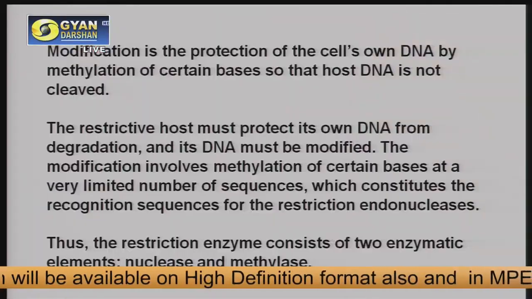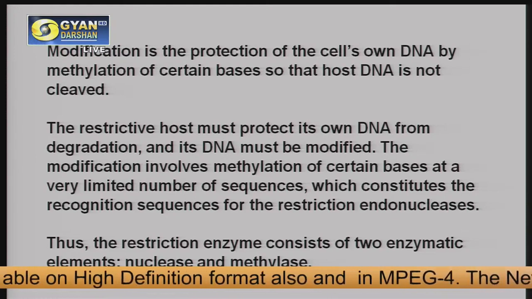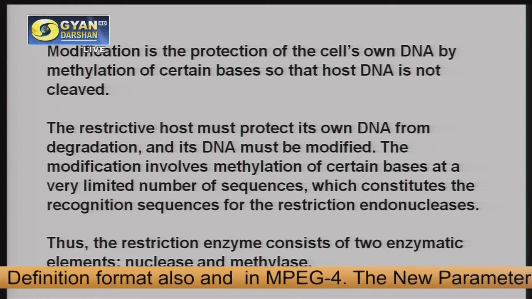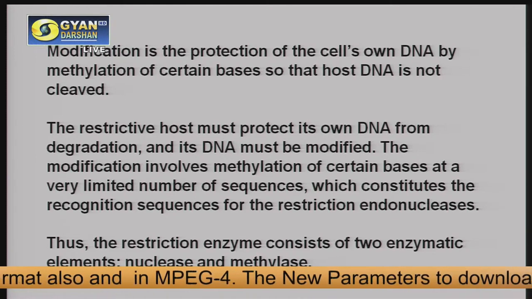The cutting or the digestion is restricted through certain modification of bases. We call it restriction modification. So how does the bacteria protect its own DNA? It protects its own DNA by doing certain base modifications. The restrictive host must protect its own DNA from degradation, and its DNA must be modified.